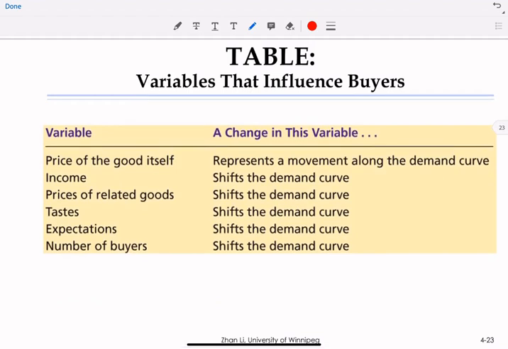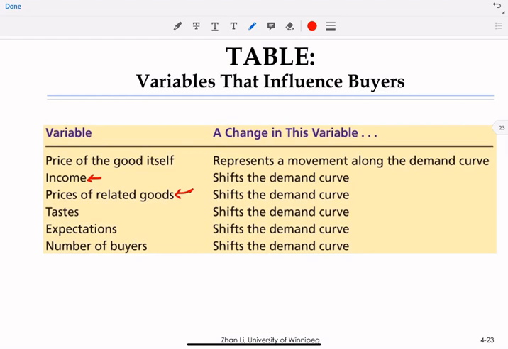So when we're talking about shifts of the demand curve, there are several factors, right? So we have income as a factor. And in this case, you have to be sure whether it's an inferior good or a normal good. And then we have prices of related goods.